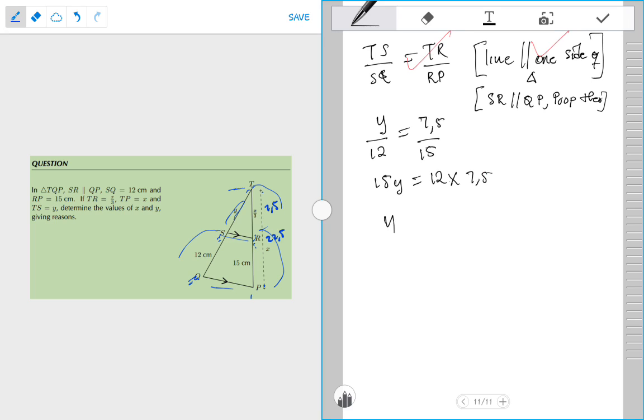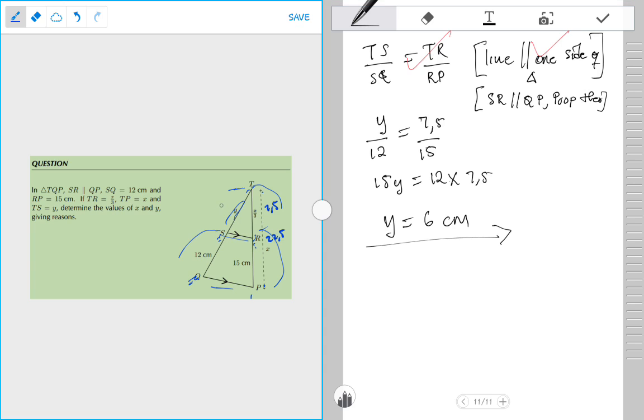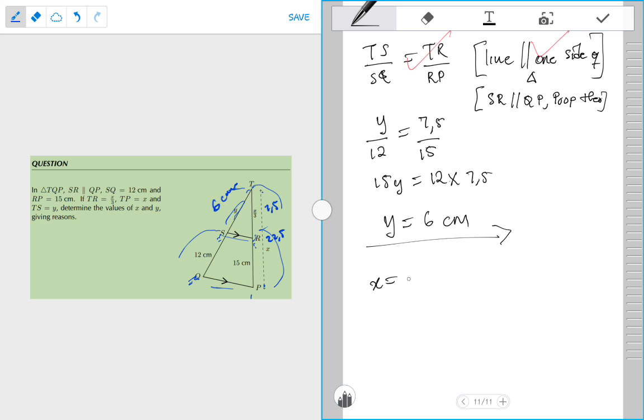Therefore our Y, according to my calculator, is 6 centimeter. So basically now we have X is equal to 22.5 centimeter, and Y is equal to 6 centimeter.